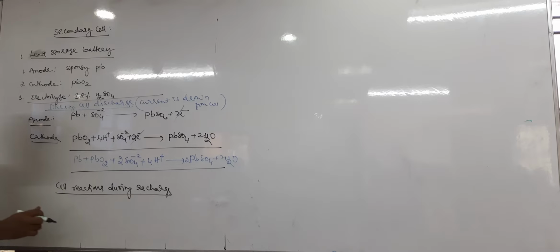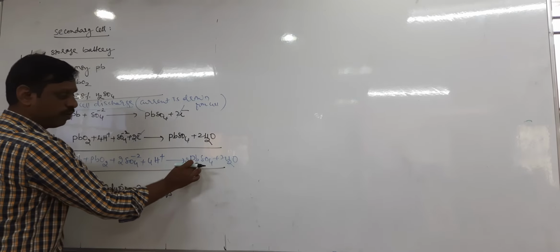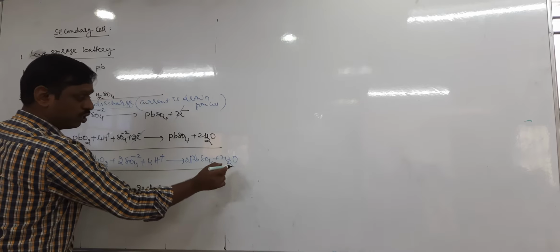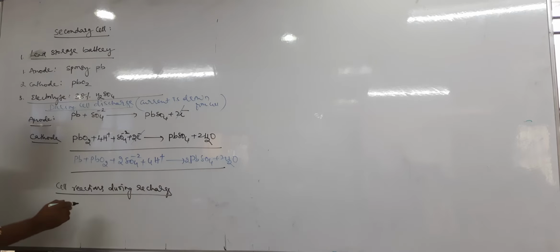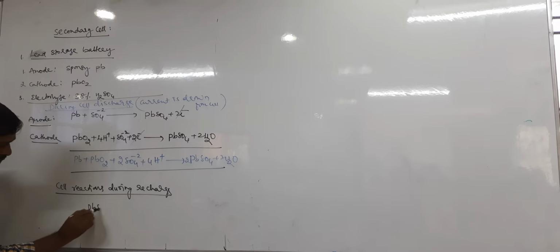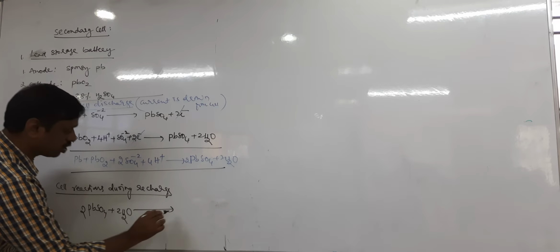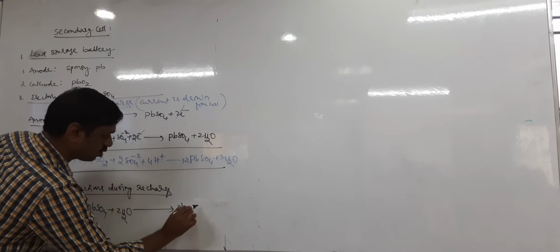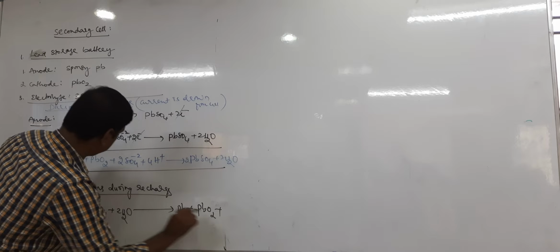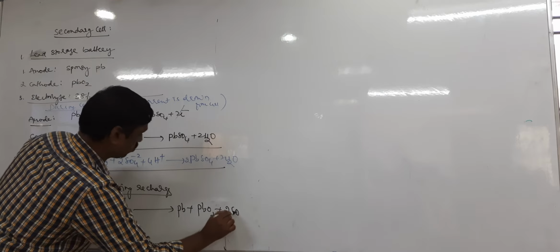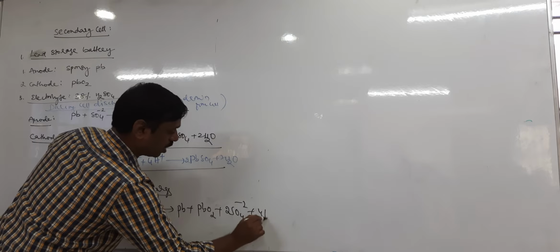It's quite the opposite, no? Here the products are PbSO4 and 2H2O. These products convert into reactants. It means 2PbSO4 and 2H2O become reactants, and give rise to Pb plus PbO2 plus 2SO4 2- plus 4H+.